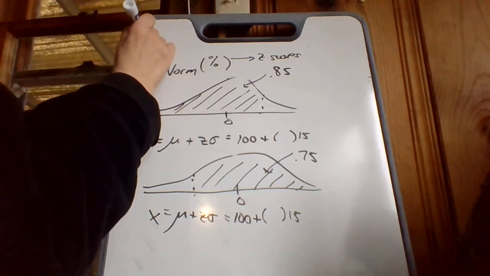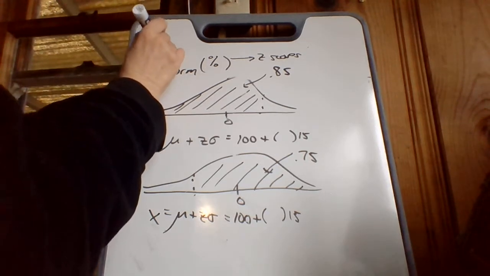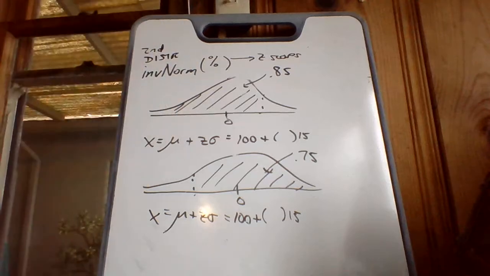So if I go second and distribution, then the third thing down says invNorm. So I hit invNorm, put in the percent, and hit enter.